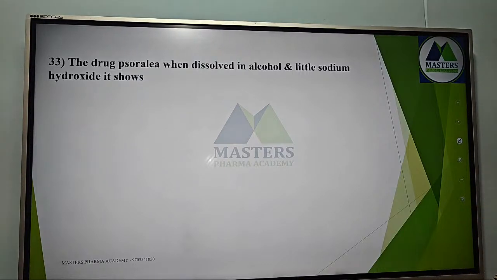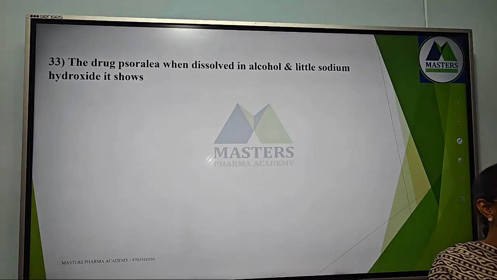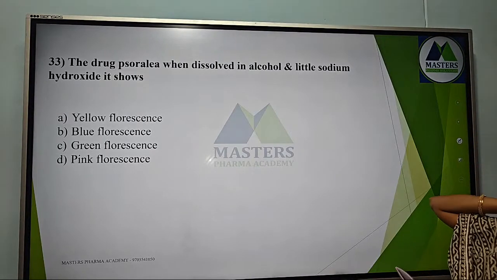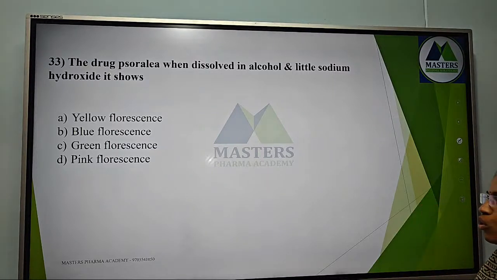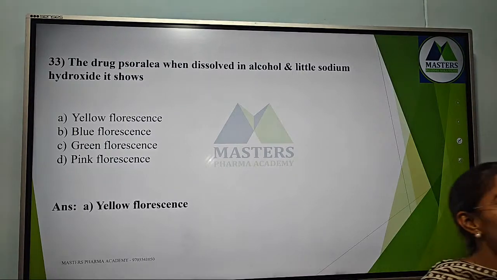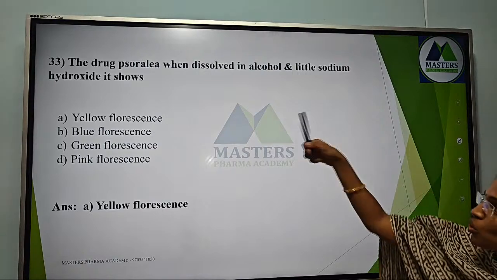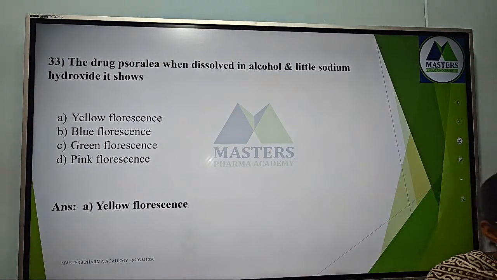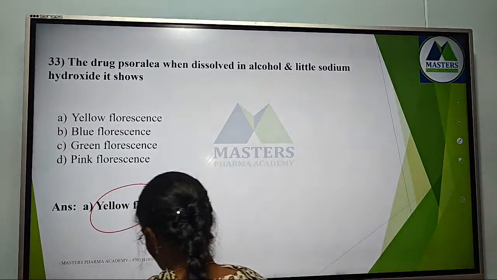Question number 33. The drug Psoralea, when dissolved in alcohol and a little sodium hydroxide, shows. Okay, chemical test of Psoralea. Yellow fluorescence, blue fluorescence, green fluorescence and pink fluorescence. What is the right answer? Right answer is yellow fluorescence. When Psoralea is dissolved in alcohol and sodium hydroxide, it gives yellow fluorescence.